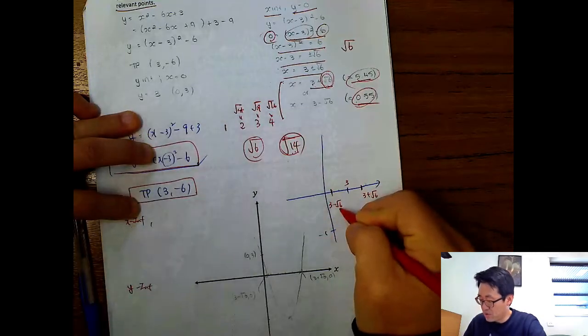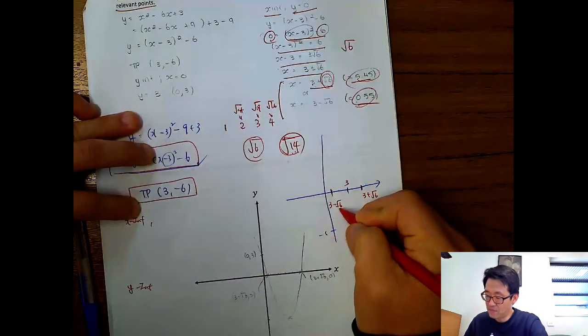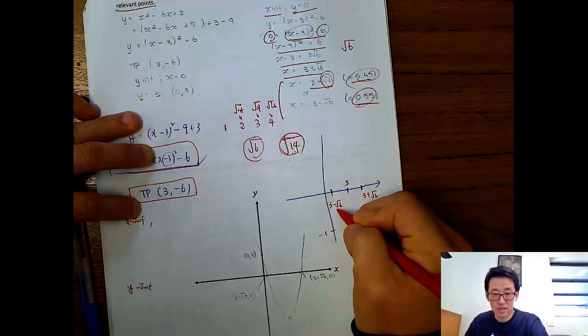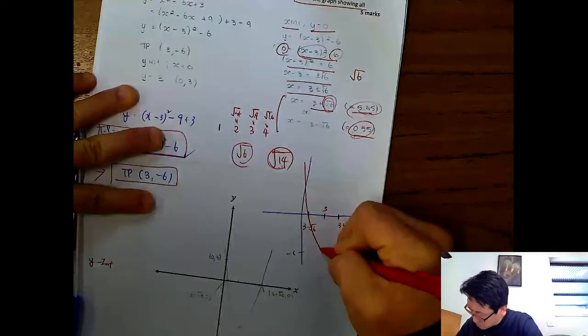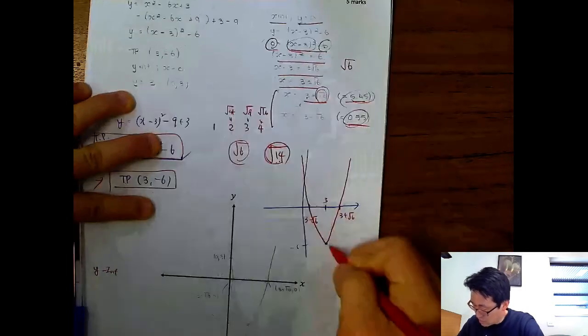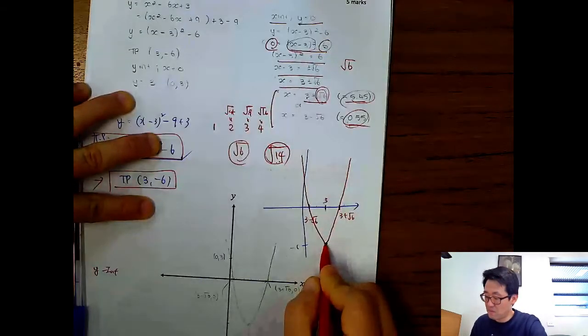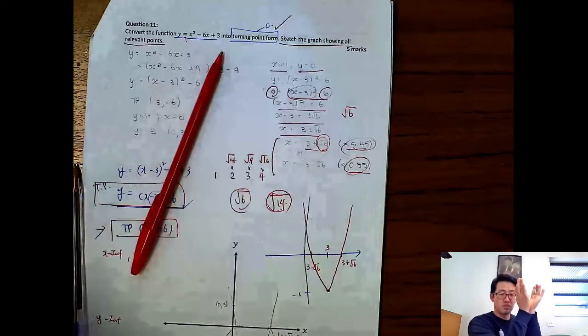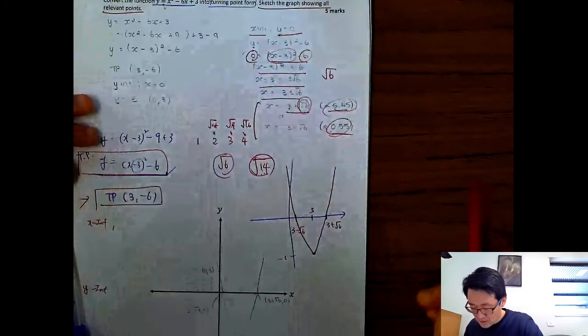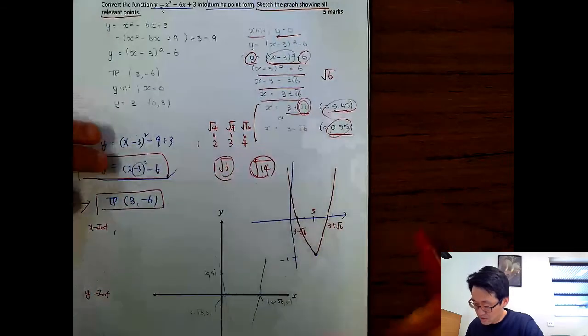So obviously, that's not going to be bigger than 3. So it's still a positive number. So I know, like this, that's going to be your minimum. Yeah? Positive. Positive. Yeah. Then what else?